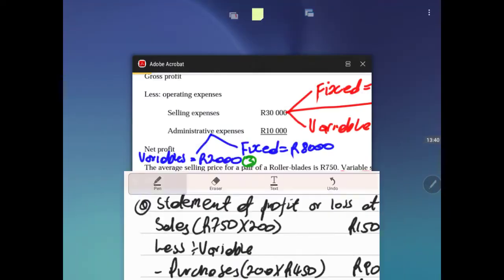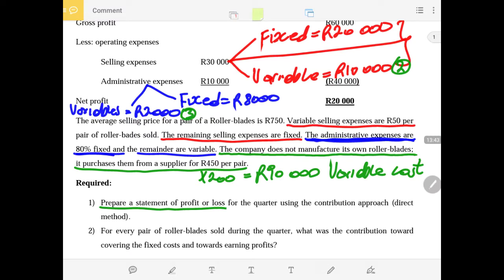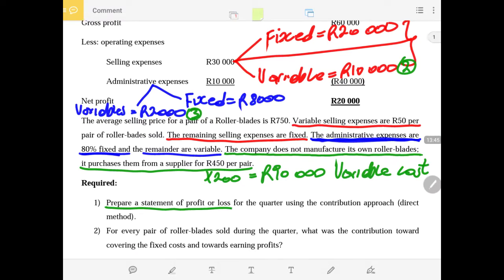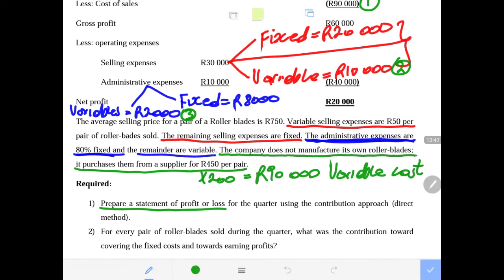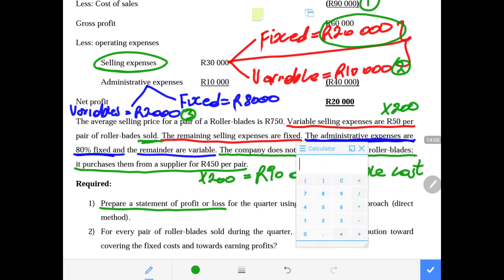Let me just remind us of that calculation. Remember the selling expense. There we do have the selling expense, which the 20,000 was set to be fixed. And remember, the 20,000 was calculated by saying 50 times by 200, the number of units that were sold. And we sold 200 units. Just to reaffirm that calculation, it was 200 times by 50, and that gave us a total of 10,000.